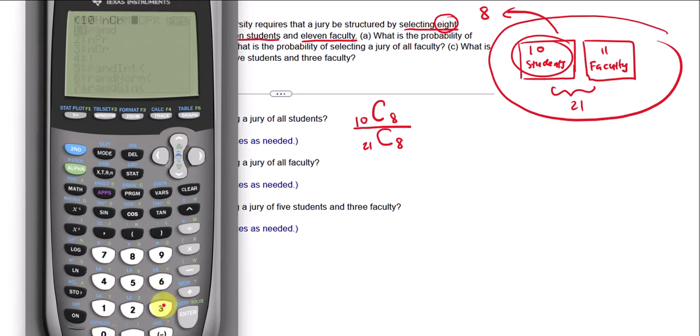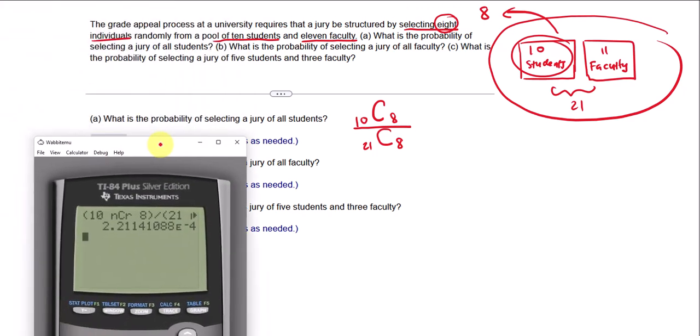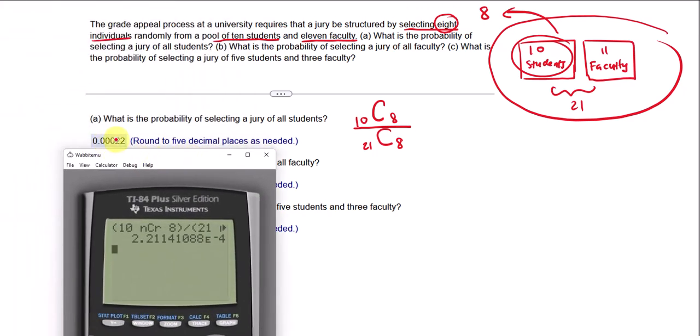So that's option 3, and choose 8, and then divide by 21, and then math, and then again go to PRB and pick option 3, and we are choosing 8 out of 21, and it will give you 0.00022, because this is 2.21 times 10 to the -4 power. So you can round to 5 decimal places.